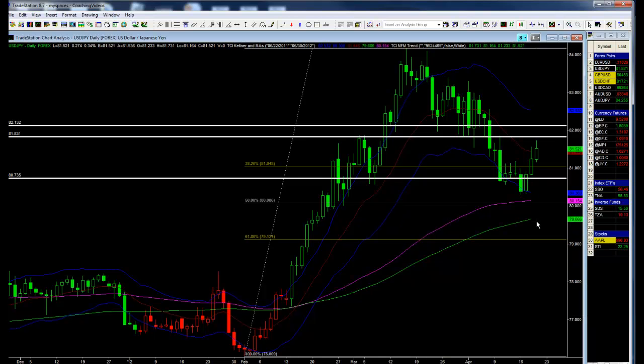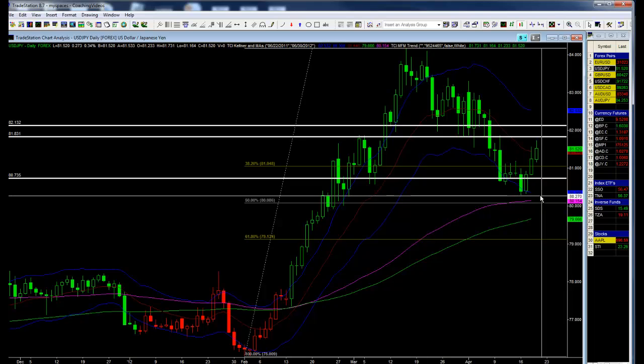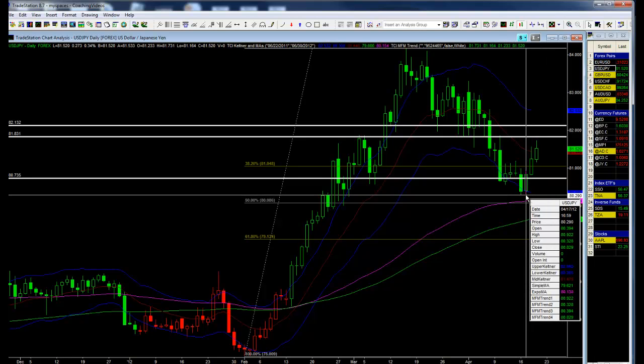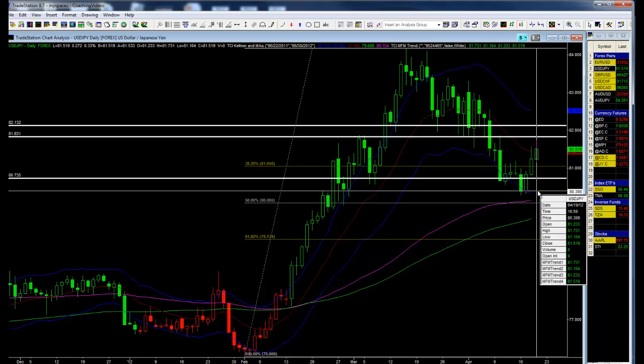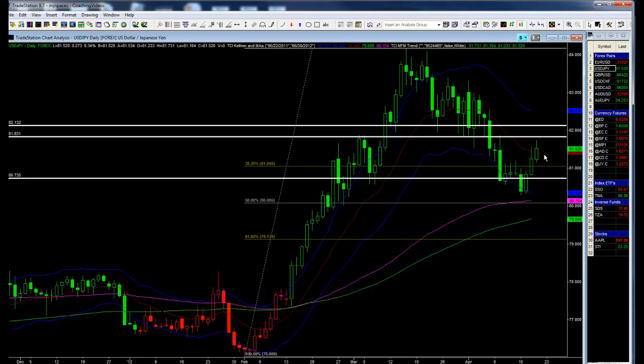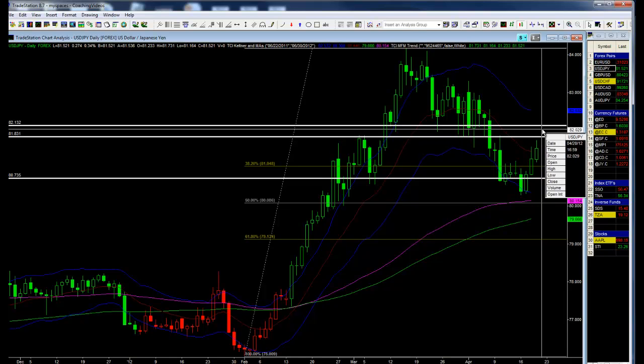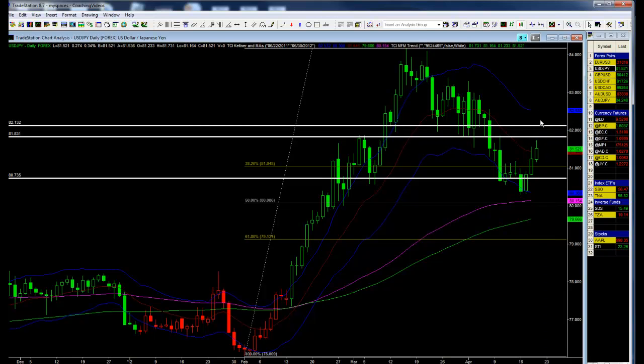Remember, the initial entry on this trade for all positions was 80.93, above the 80.92, that bar's high. So the stops are moved up to below 81.16 to 81.15 on the remaining portion of our positions, and our two remaining profit objectives are 81.83 and 82.13 right up in here.